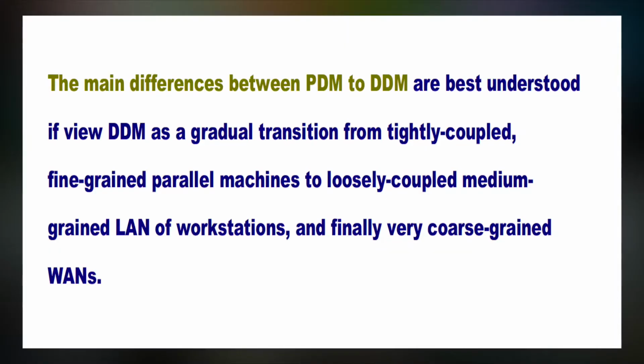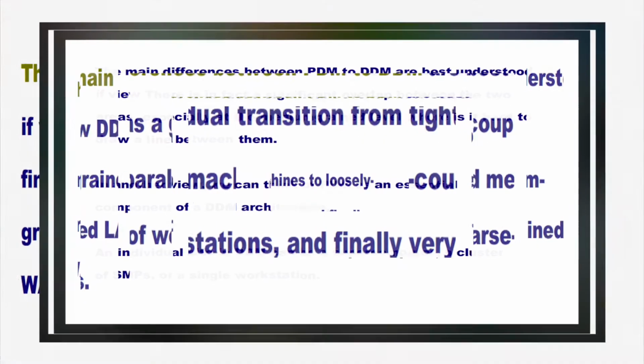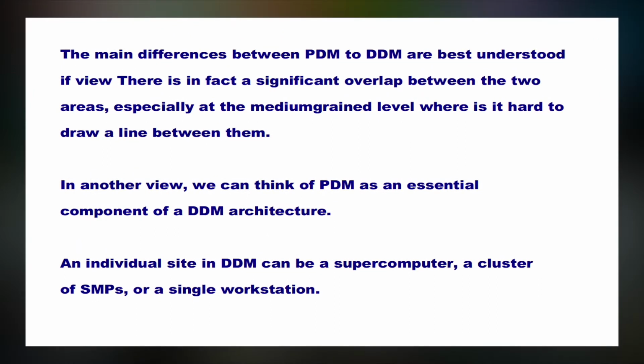The main differences between PDM and DDM are best understood if we view DDM as a gradual transition from tightly coupled fine grained parallel machines to loosely coupled medium grained LAN of workstations, and finally a very coarse grained WAN. There is in fact a significant overlap between the two areas, especially at the medium grained level where it is hard to draw a line between them.